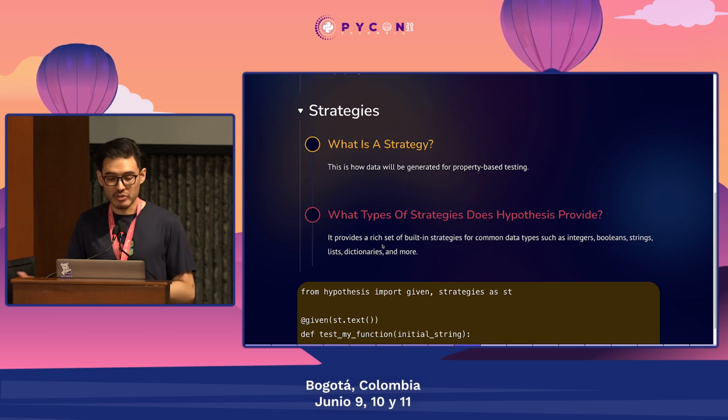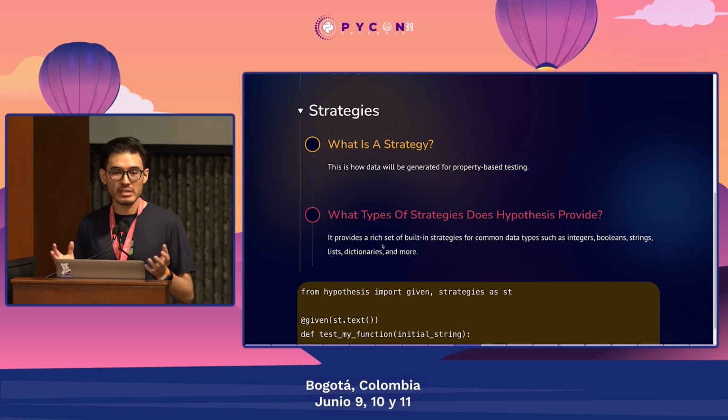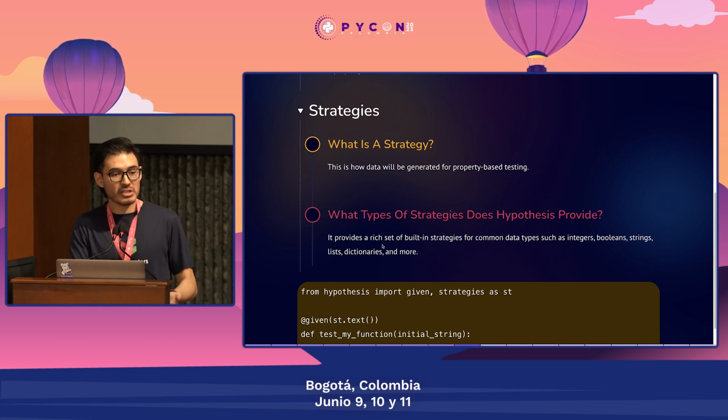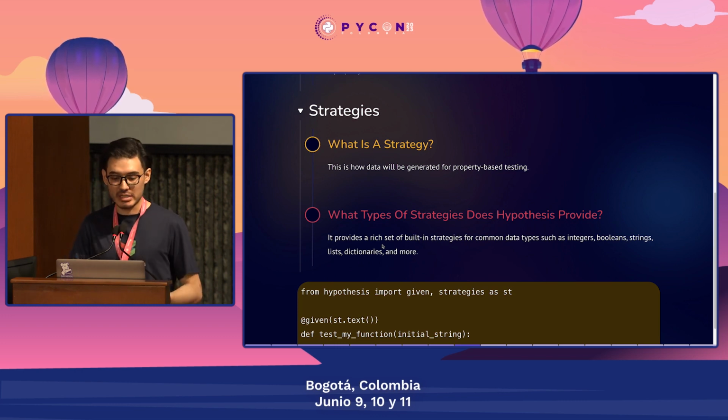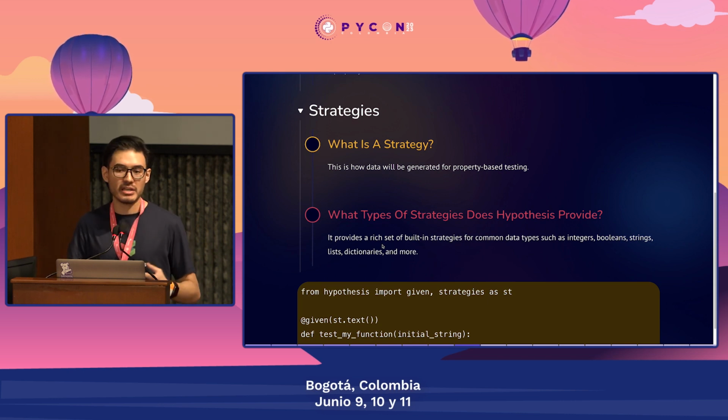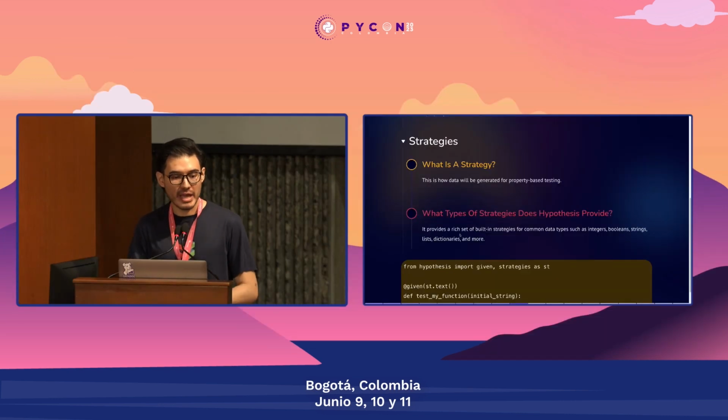So now we jump to strategies. What is a strategy? This is how the data will be generated for the property test. Hypothesis provides functionality for data types like integers, booleans, strings, dictionaries, lists, and other types that we normally use. But if we have a specific scenario, we can customize these strategies to match our use case.